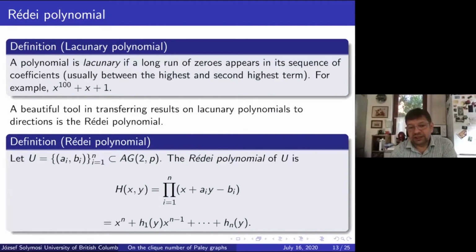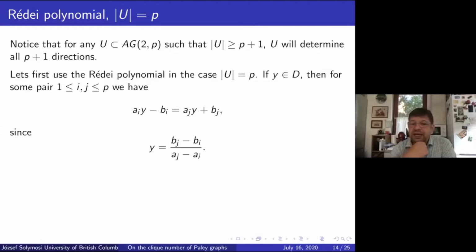You won't see it twice, because if you had that ai times y minus bi equals aj times y minus bj, there is a typo, doesn't matter, then you see that y equals (bj minus bi)/(aj minus ai), so y is a direction defined by the points. Sorry about this plus here.